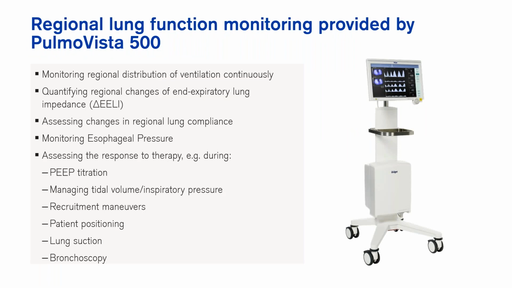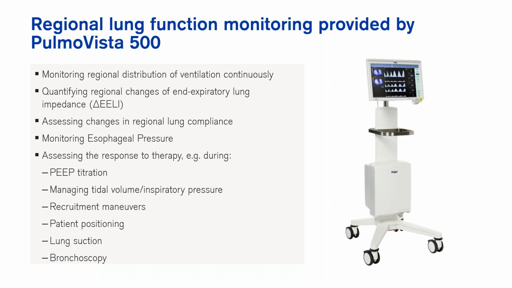So if we look at the summary of EIT, what PulmoVista is capable of: it monitors the regional distribution of ventilation continuously. At the bedside, it continuously monitors the impact of mechanical ventilation. It is able to quantify the regional changes in the end expiratory lung impedance.